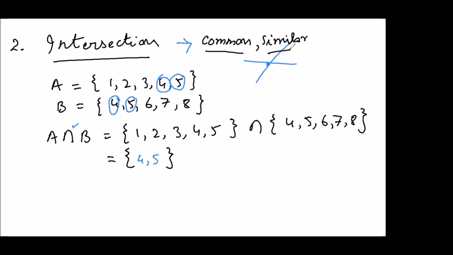So a set which consists of common elements in both the sets is called the intersection of the two given sets. So we can write the definition of intersection.